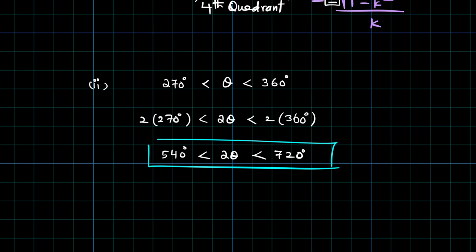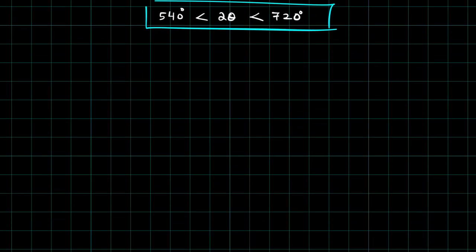Now let's draw a graph and let's plot this range of values of 2 theta. So this is the y-axis, this is the x-axis, and let me draw from 0 till 360 degrees. I'm interested in 540, I'm interested in 720.